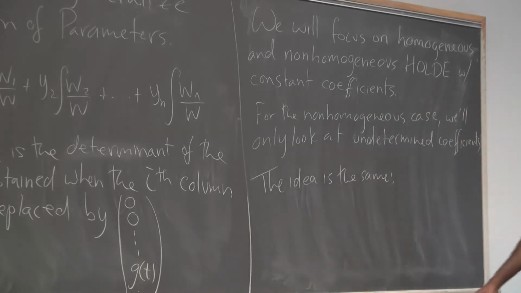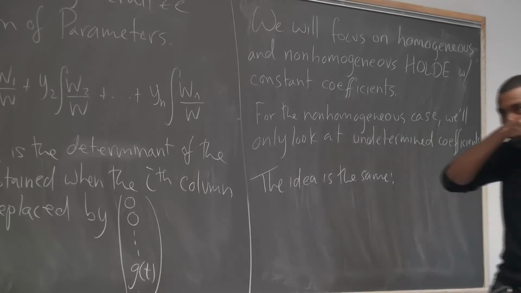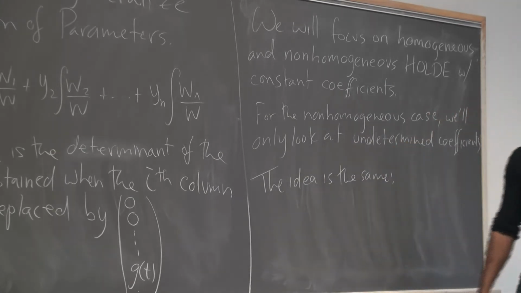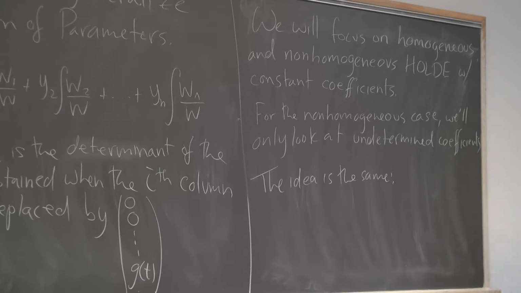The idea is the same. For second order differential equations with constant coefficients, how do we solve them? What was our technique? Get the characteristic equation. What did you have to assume to get the characteristic equation? We assume that the solution takes the form of e to the rt.